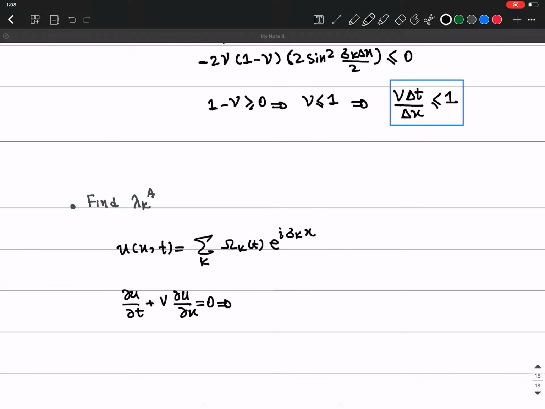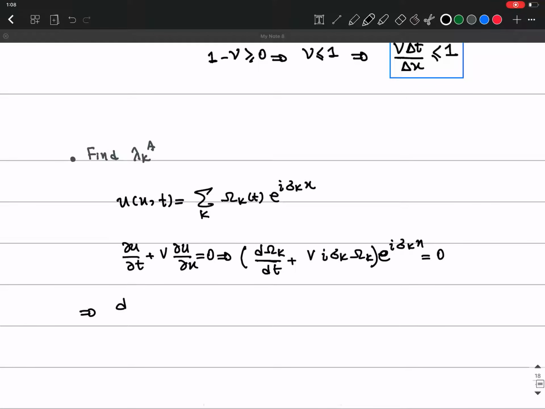And this means d omega k over dt plus v i sigma k omega k, times e to the I sigma k x, should be 0.